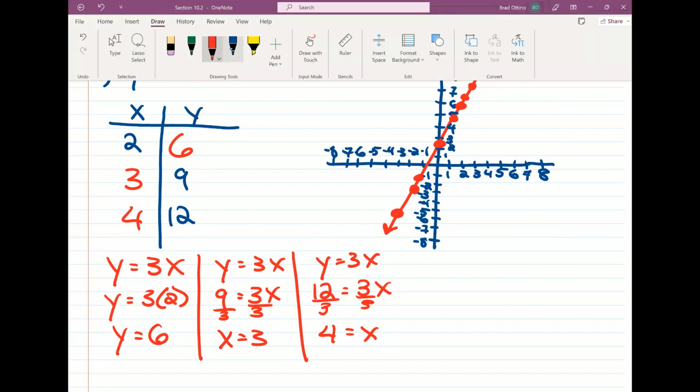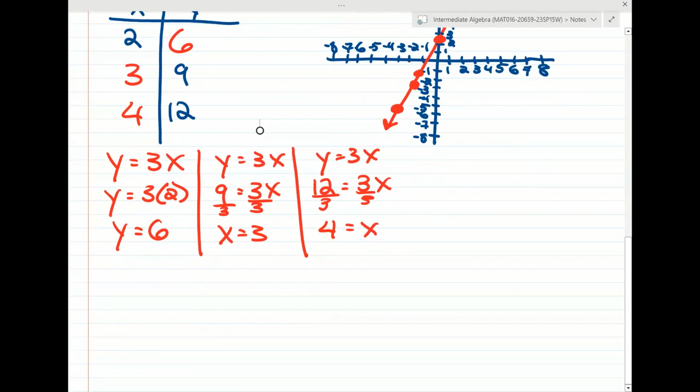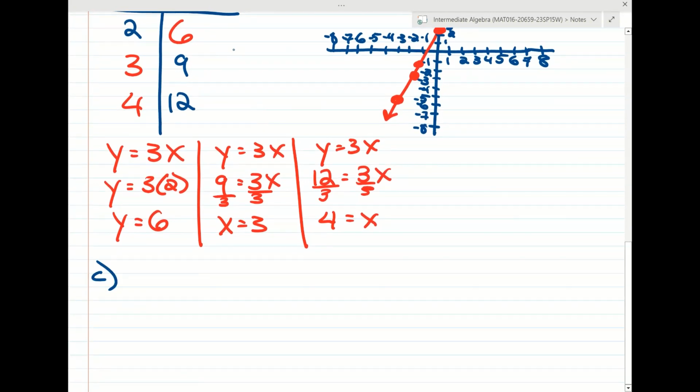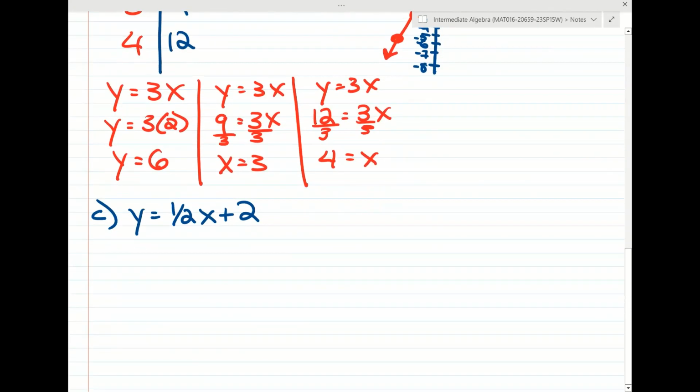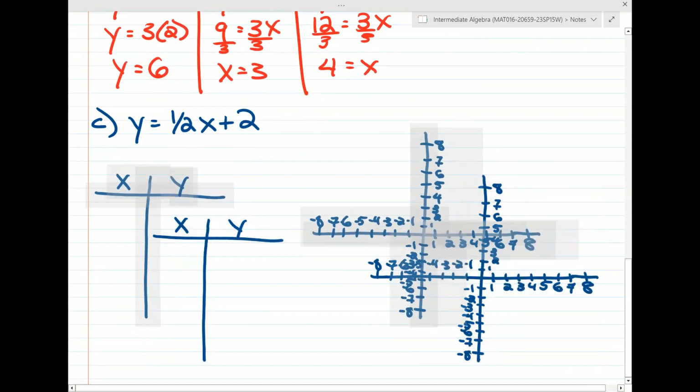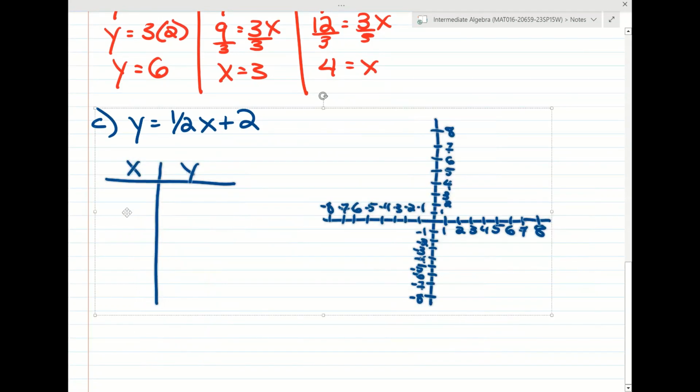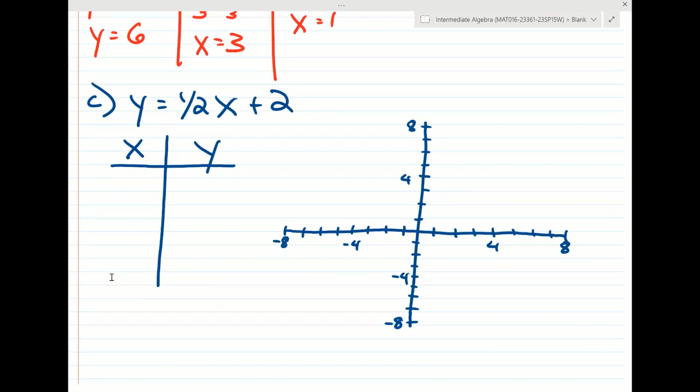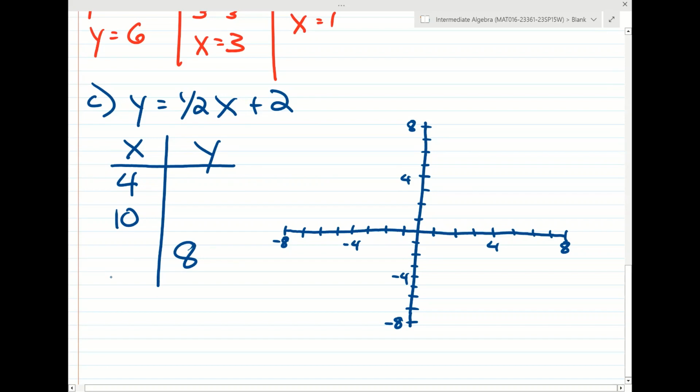All right, a couple more examples. What if we had y is equal to 1/2 x plus 2? For our table, let's use 4, 10, and 12 for x, and then 8 for y.